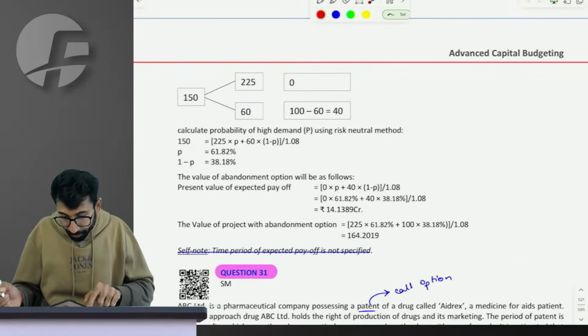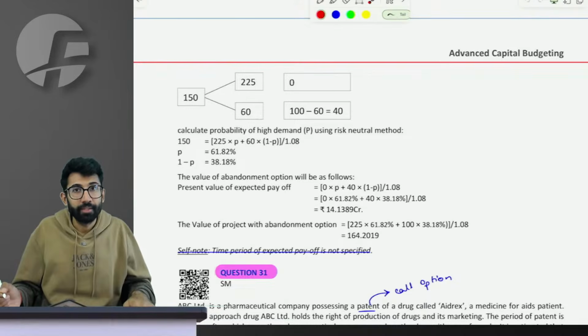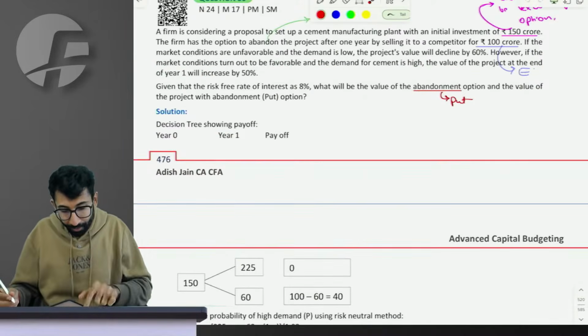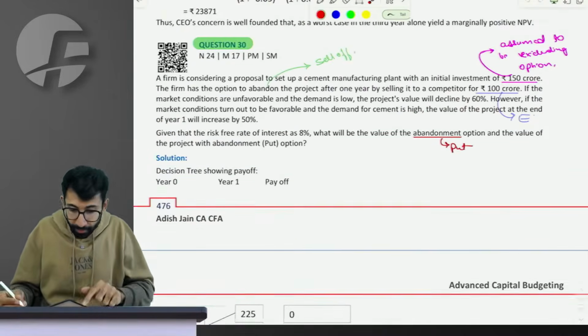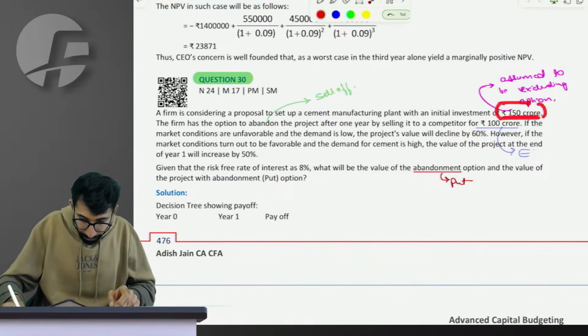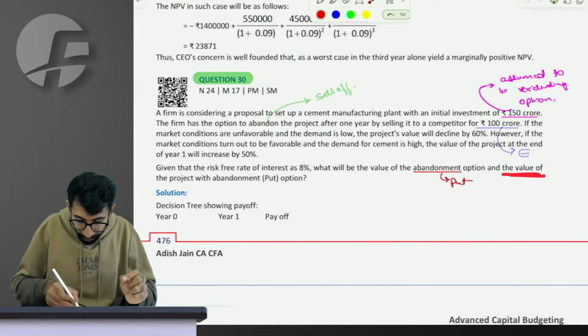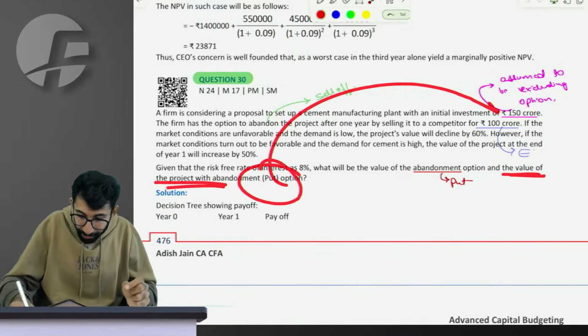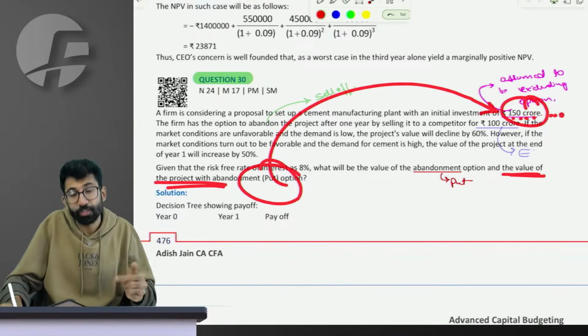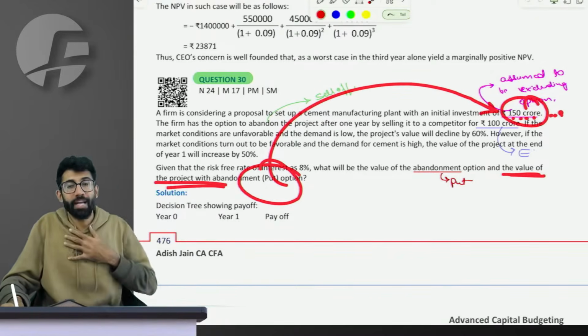The value of project with the option, there are two ways to think. Way 1, if I buy the project today, without the option, see, if the examiner asks me the value of project with the option, it means this is the value of the project excluding option. So right now I have a project.